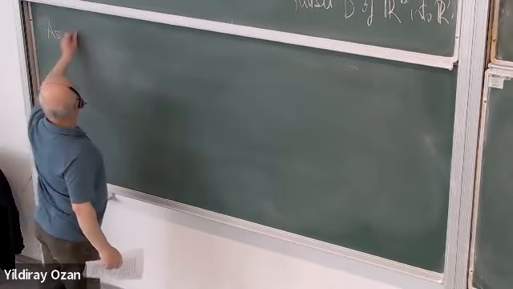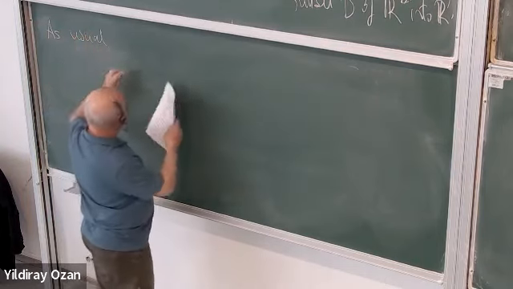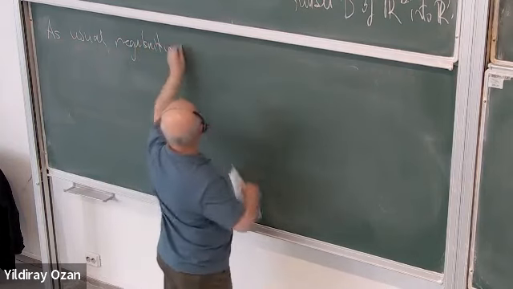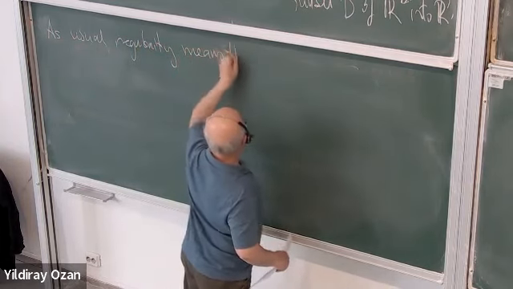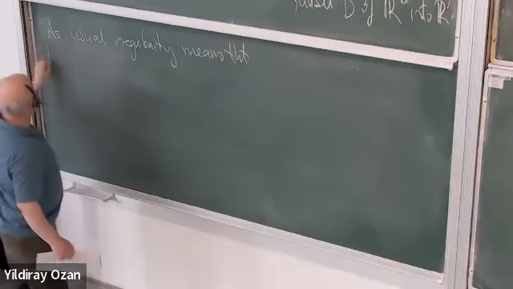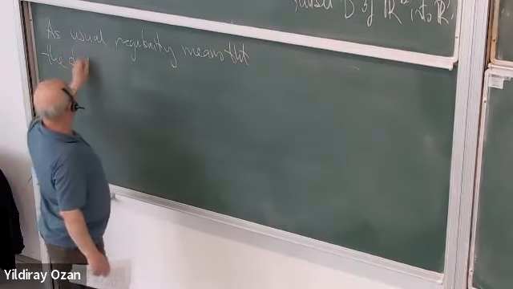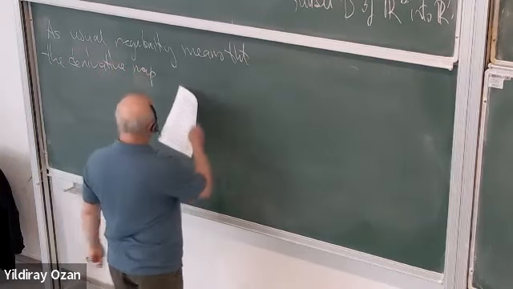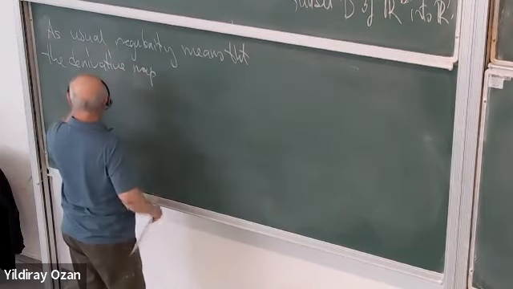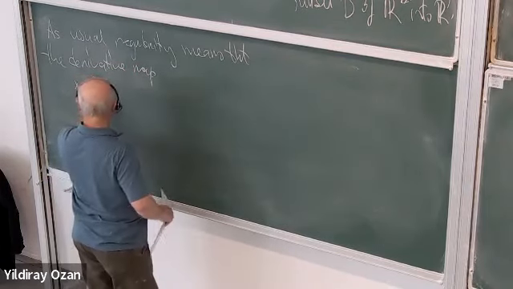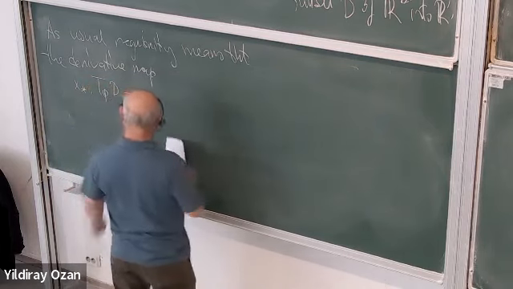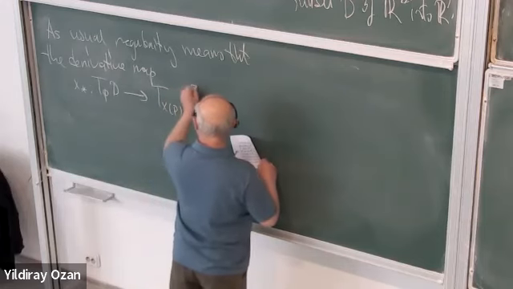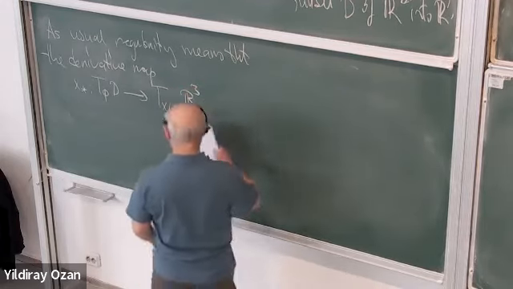As usual, regularity means that the derivative map of X, so X star, from the tangent space of D to the tangent space of R3, is one-to-one.